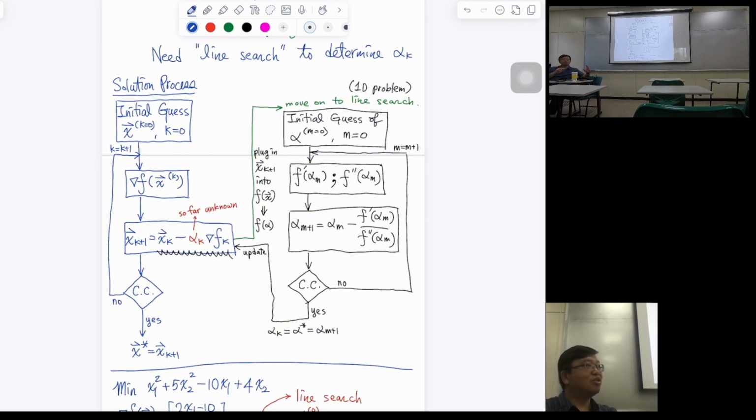If you ask 10 different designers to design 10 motorcycles, their designs won't be the same. So 10 engineers initiate the design at 10 different points. Nobody knows which engineer is lucky enough to have a solution that is closer to the optimal. Nobody knows.